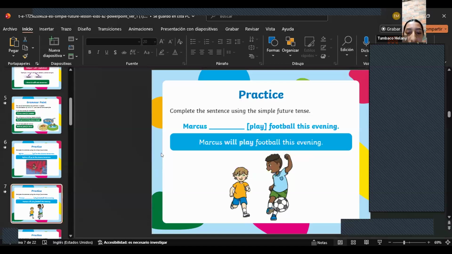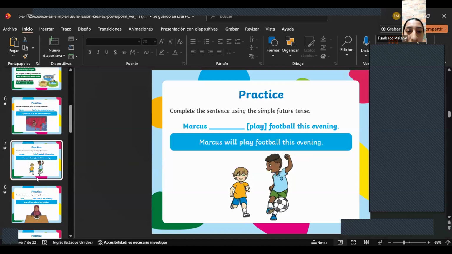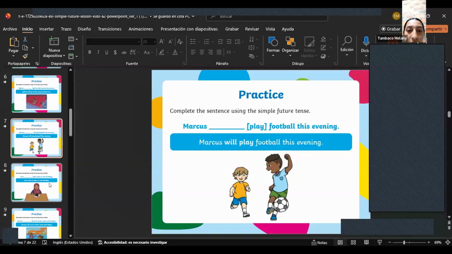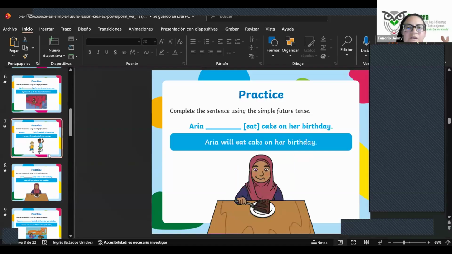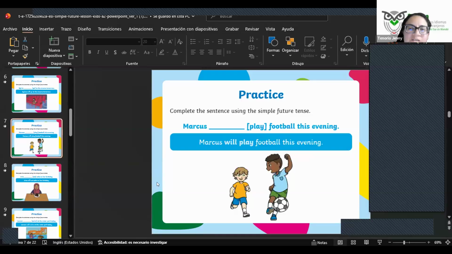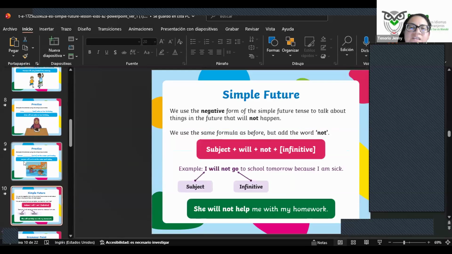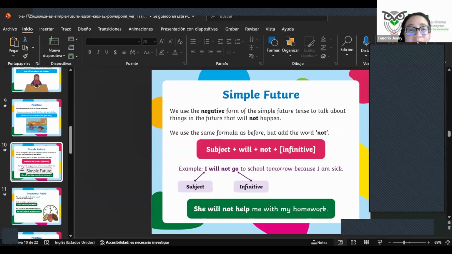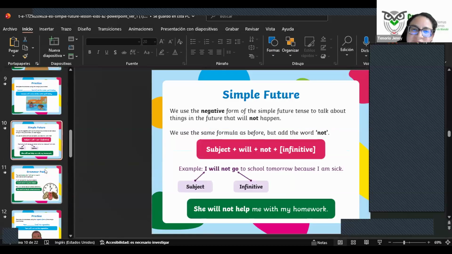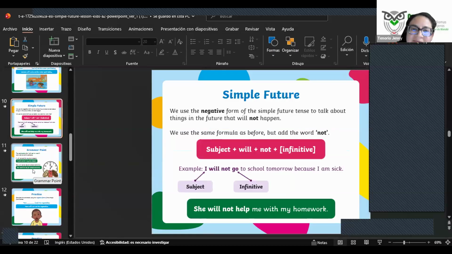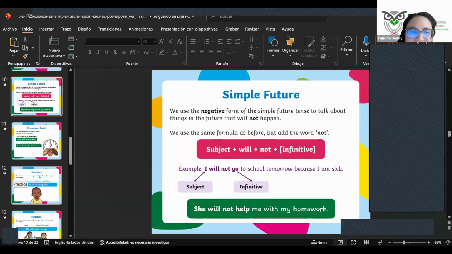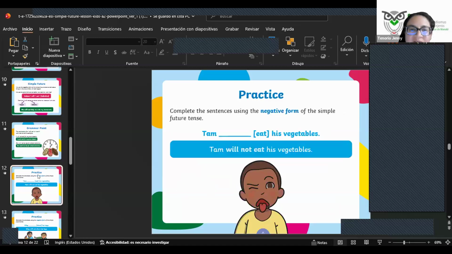Next. Okay, this activity, complete and help me, students. Today we are going to practice the simple future tense. Let's look at the sentence, the participation. Thank you.